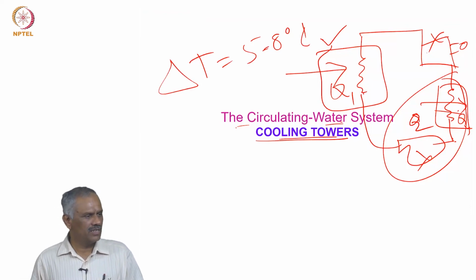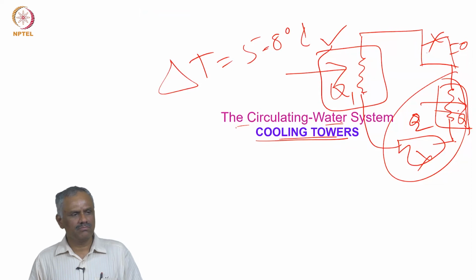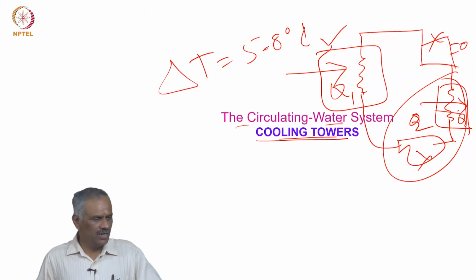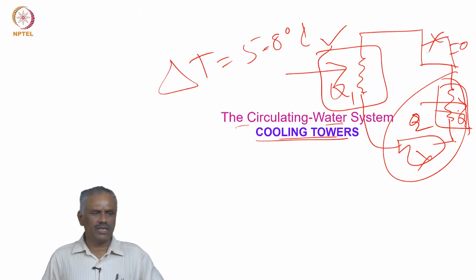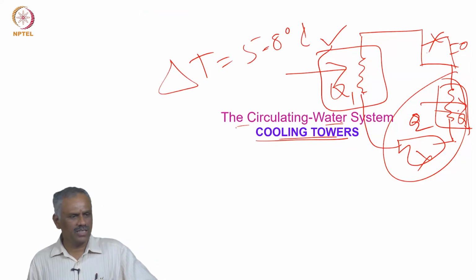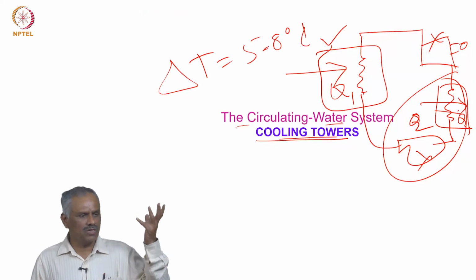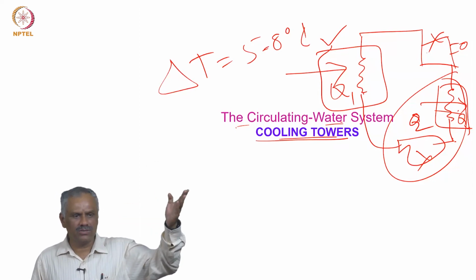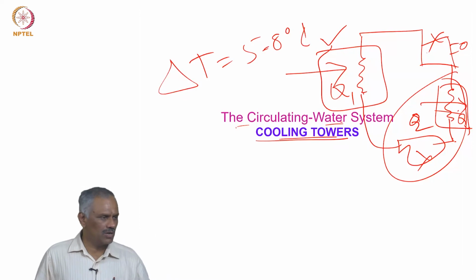The turbine exhaust temperature is somewhere around 100 to 200 degrees Celsius, and you cannot reject that heat directly. So you send high mass flow rates of cooling water, cool it, reject some part into the atmosphere, and the rest to the water body.